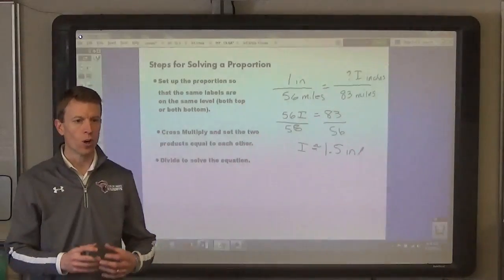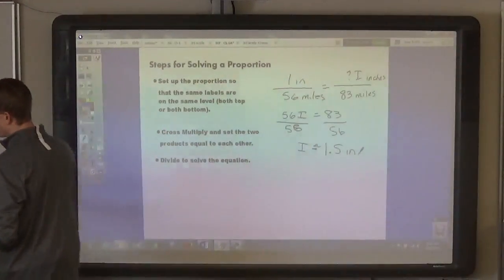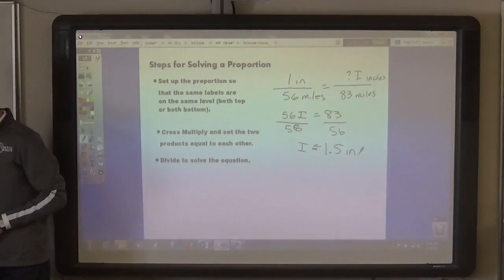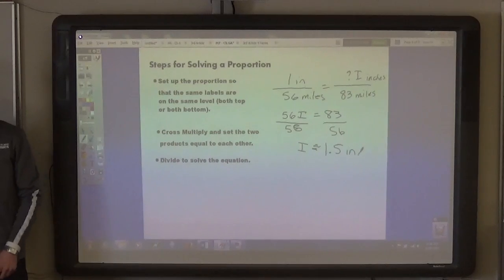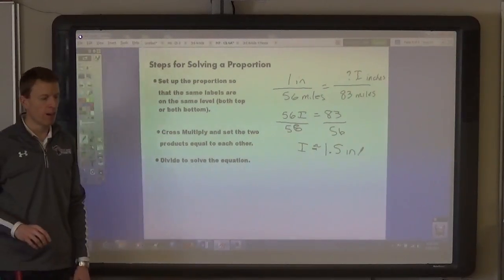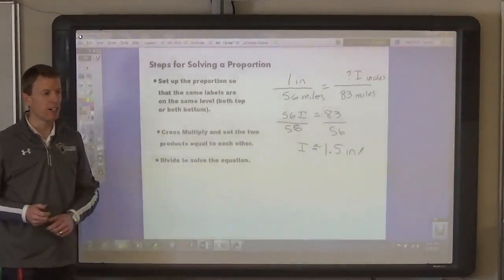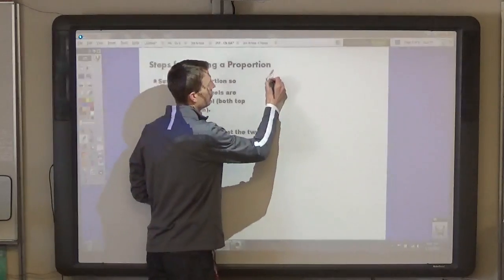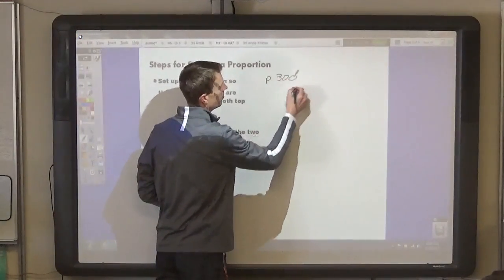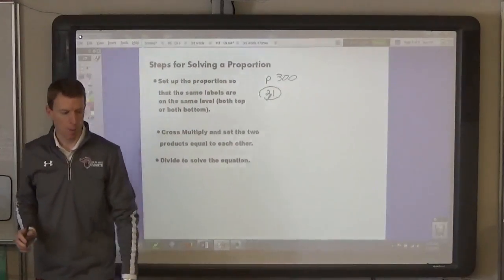Yep. Now, this can work for pretty much any situation. In your assignment, go to number 21 on page 300. This is part of your assignment. I'll do this first one, page 300. Okay.